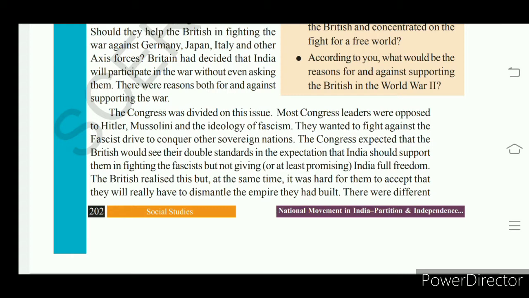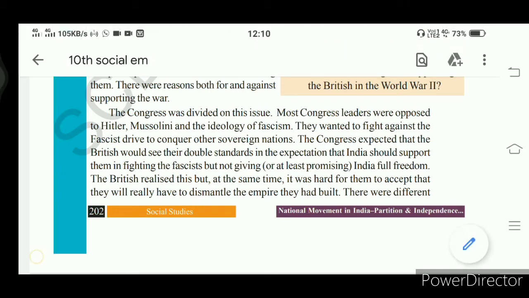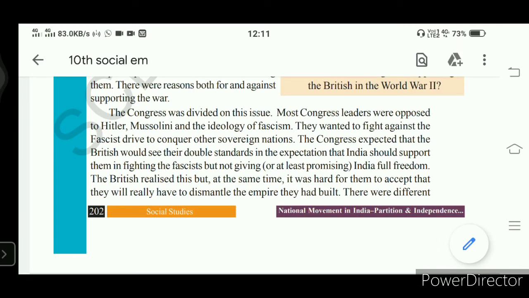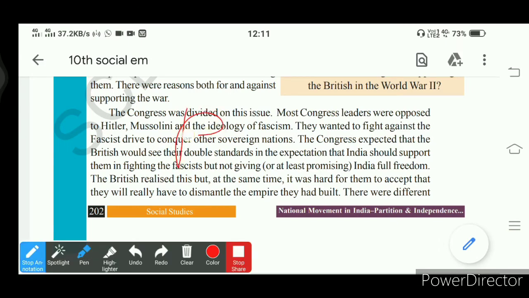So in this, we see Congress also split into two parts. Some of the Congress members wanted to support the British. Congress members were divided into two groups. One is pro-changers. Pro-changers means they wanted that we should not support the British.